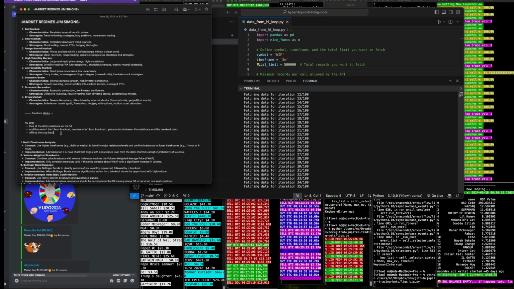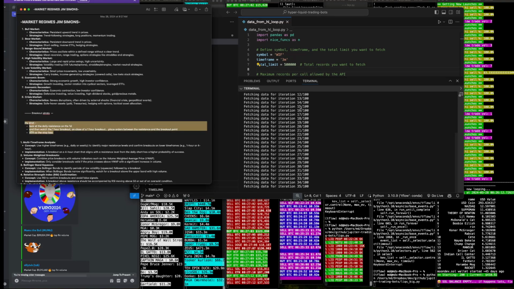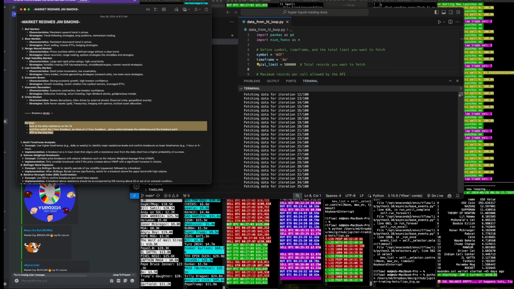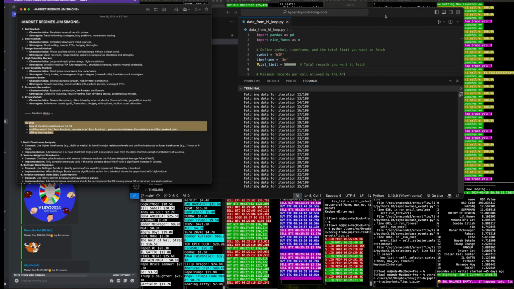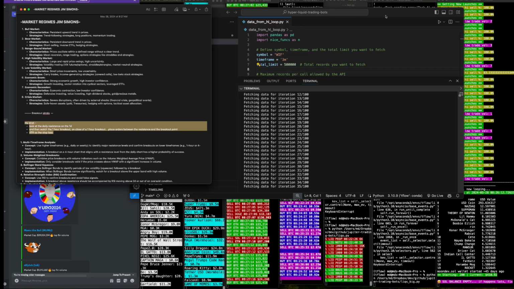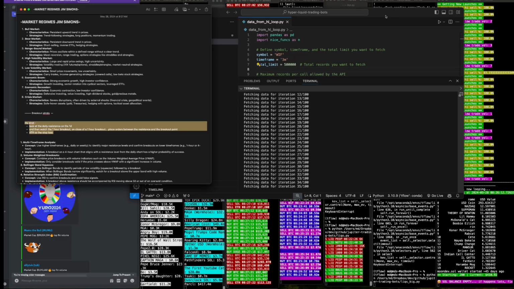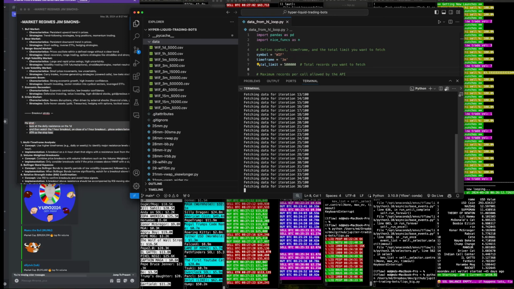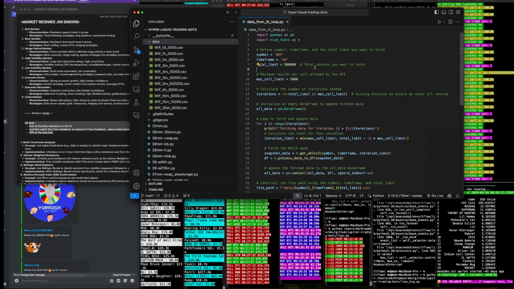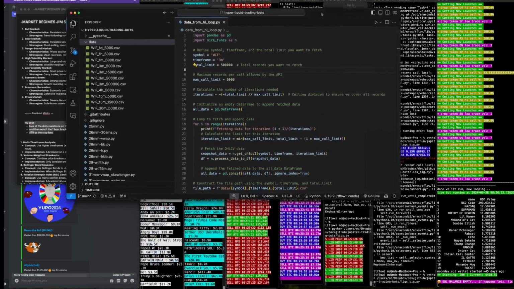Let's go ahead and see if we can just get a backtest going while this is getting all the data for us. Because this is going to be on the 3 minute. But that's not going to be good, actually. It's not what we want. We want the 1 hour. We want 1 hour data. So I'm going to pull this. And I don't want WIF. WIF is an outlier. So I don't want WIF. I want to get something more just regular.